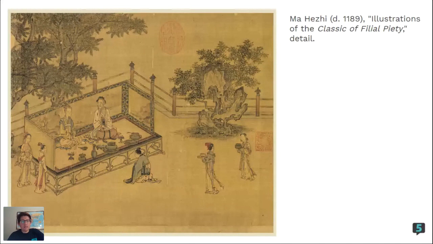It is significant to know that China's developments of Neo-Confucianism and the Confucian bureaucracy and Buddhism, Mahayana Buddhism in China, is going to heavily influence its neighbors, especially Korea and Japan, and to some extent Vietnam, as China exerts influence over those regions at times.